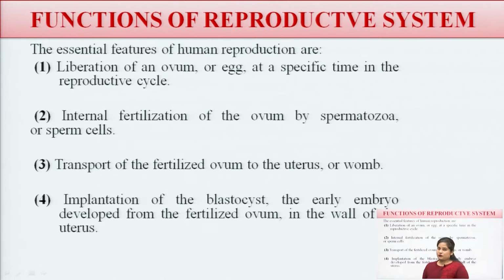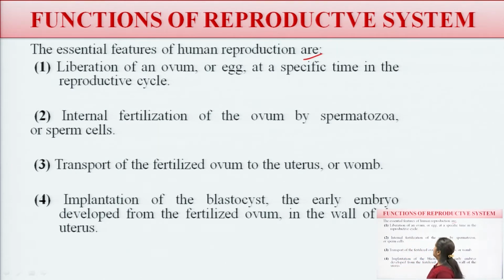So this is a brief introduction to the reproductive system. Now, what are the functions of the reproductive system? It is the essential feature of humans to produce human offspring.